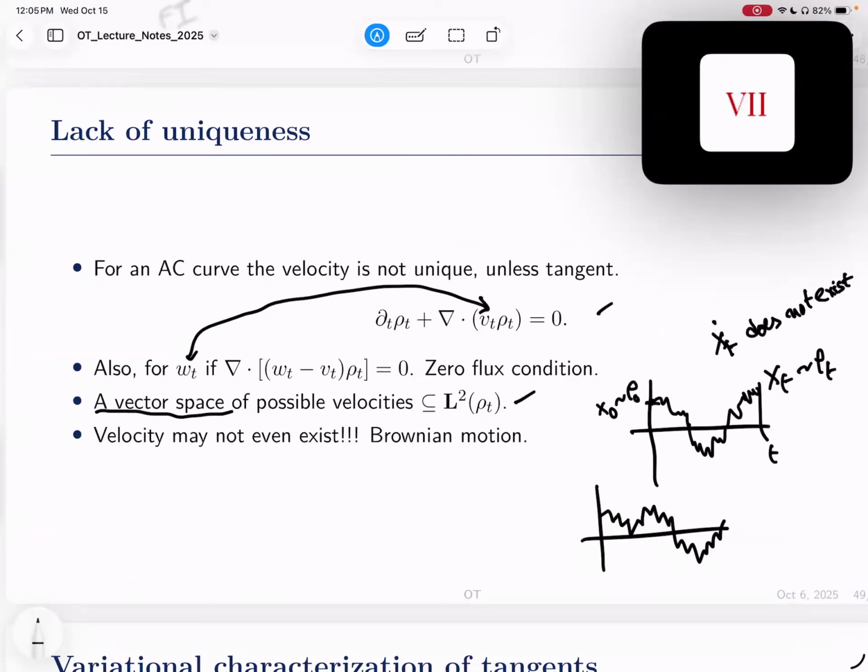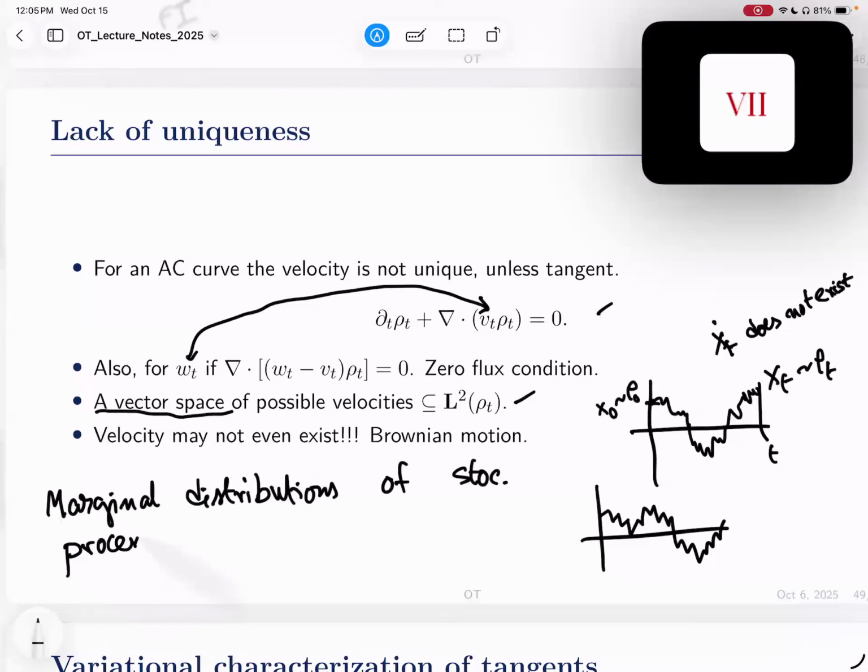As I'm saying, there can be infinitely many stochastic systems where the particles are moving, and what is called the marginal distribution of the stochastic process solves the continuity equation. I would say here that it's the marginal distributions of the stochastic process that solves the continuity equation.